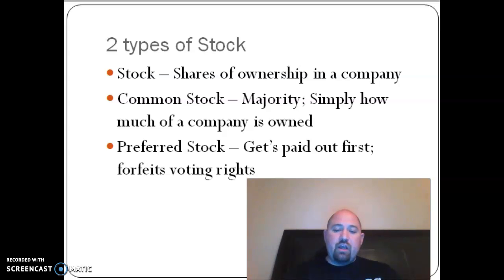Preferred stock gets paid out first in that case. So when you buy preferred stock, you are guaranteed first dibs on the money after a company closes to get some, if not all, of your money back before the common stockholders. But in exchange, you give up your voting rights. Hope that made sense.